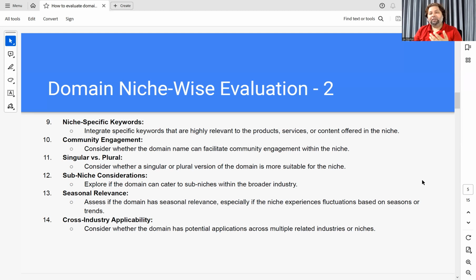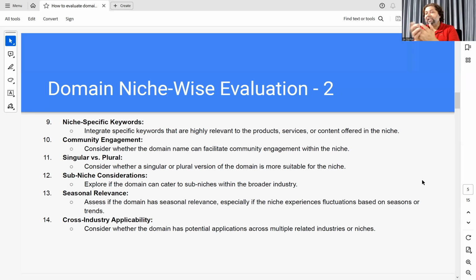So this domain name or a Facebook page related to this domain can create hype. And startup cafe, this keyword is evergreen, which can engage well with the community of startups.